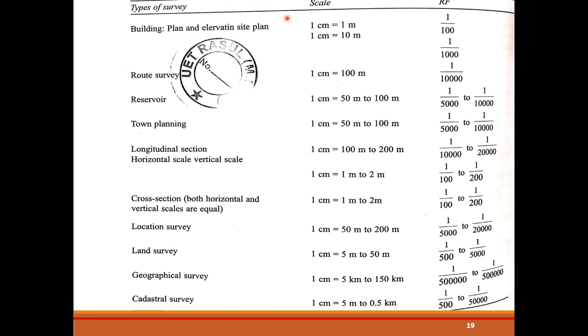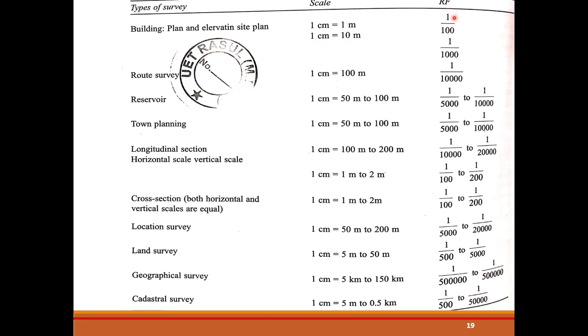So talking about the scale and representative fraction, these are some of the common examples of the scale and representative fraction that we use in civil engineering projects. In case of building plan, elevation and site plan, 1 centimeter is normally kept equal to 1 meter or 10 meters. In this case, the representative fraction will be equal to 1 into 100.